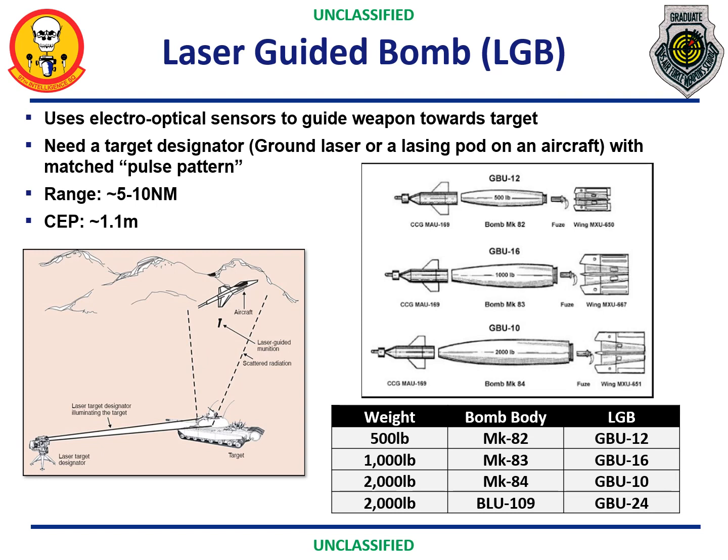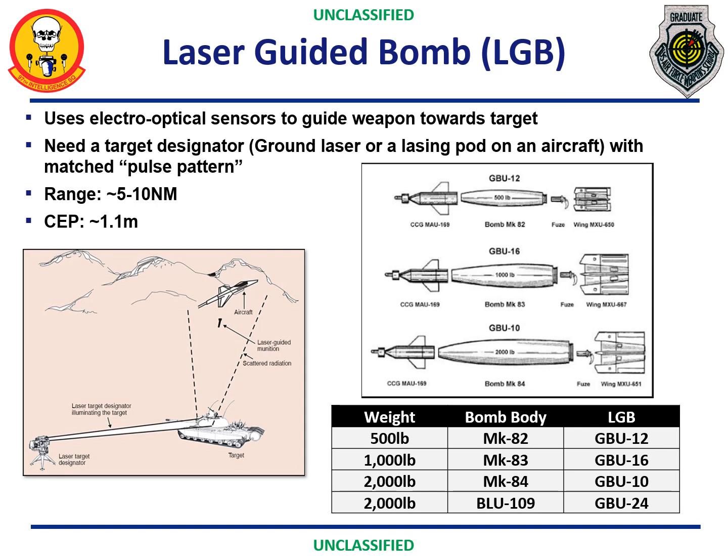Looking at the lower chart, you can see the conversion. The weight and the bomb bodies are still the same, but then the laser-guided bomb takes on a new nomenclature. So GBU, or Guided Bomb Unit, 12, 16, 10, and 24 to match up with the Mark 82, 83, 84, and Blue 109 series weapons.